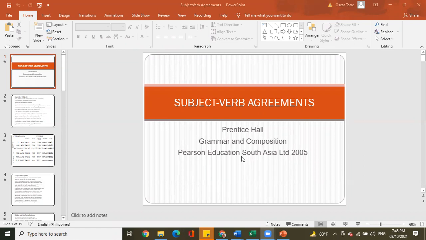With subject-verb agreements, we can see that human beings demand loyalty. In any of the relationships that we have, we demand that the people we are in a relationship with display loyalty to us. That's why we have subject-verb agreements.